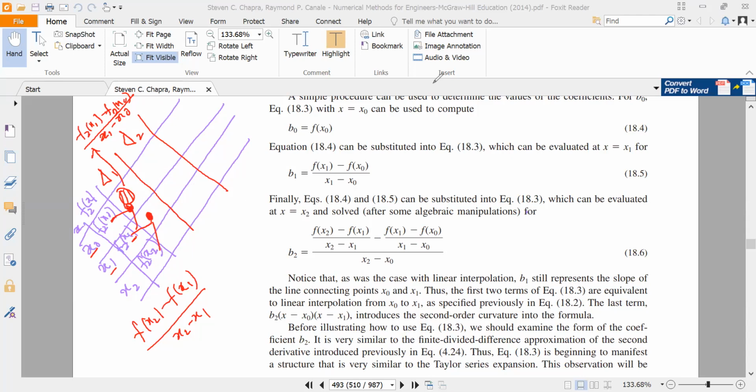If these 2 entries are there, can we calculate the derivative there by using them? Yes, sir. And that derivative, you can call it, say, delta 2, 1, equal to delta 1, 2 minus delta 1, 1 divided by x2 minus x0.